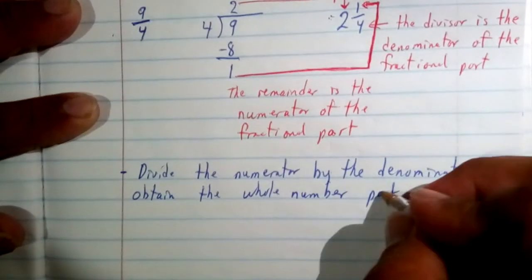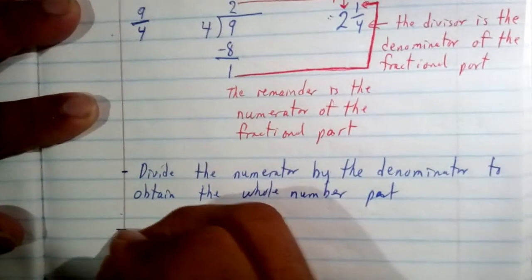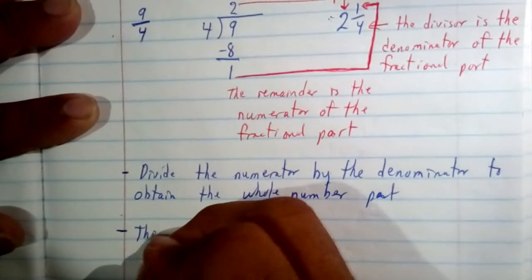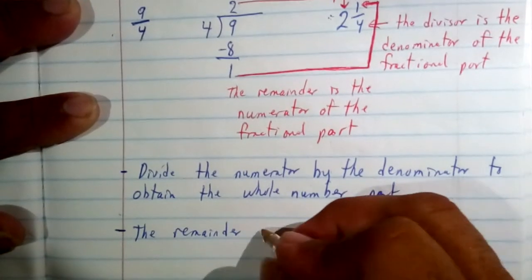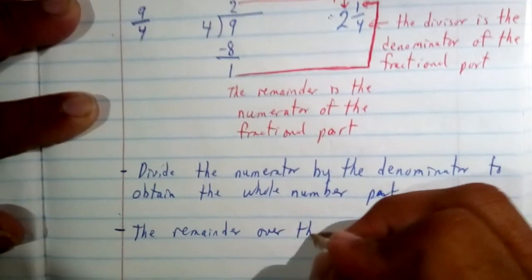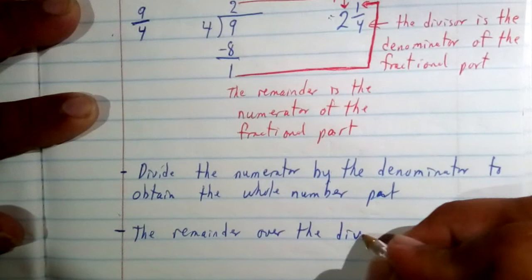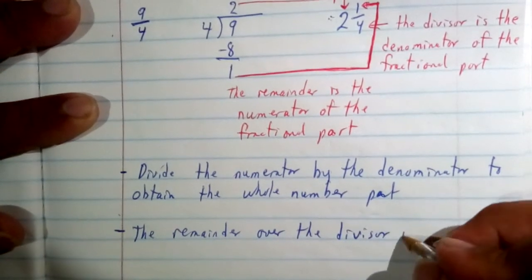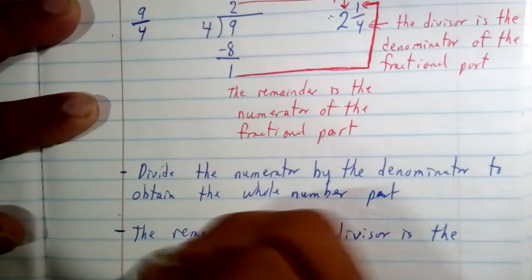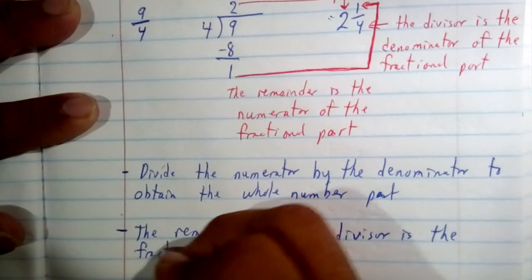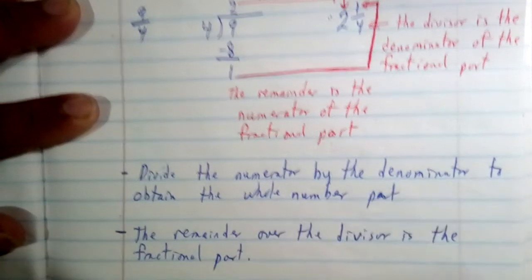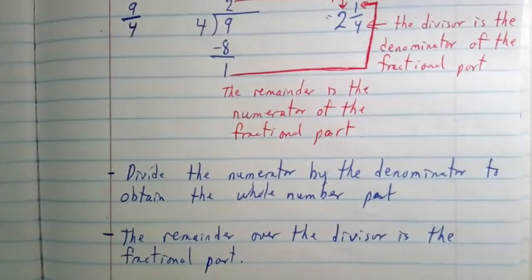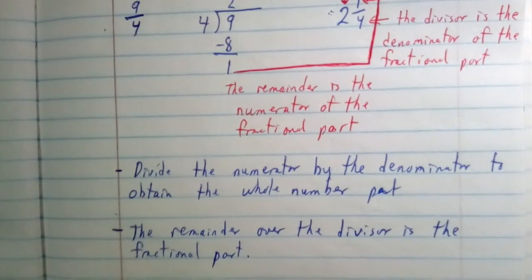And then the second part is the remainder over the divisor is the fractional part. So that is how you will get it to those values.